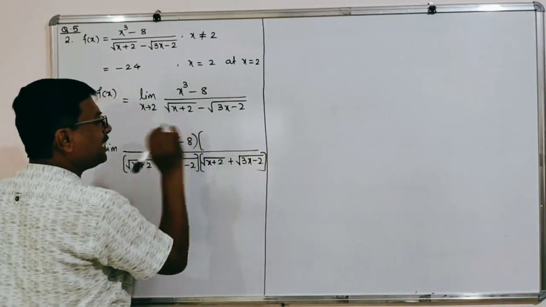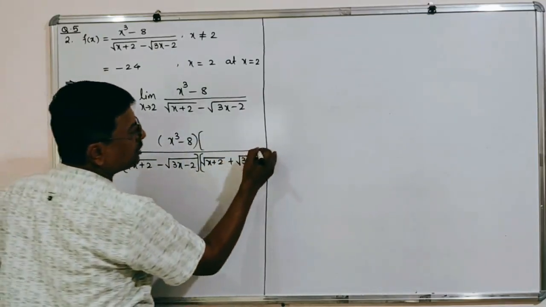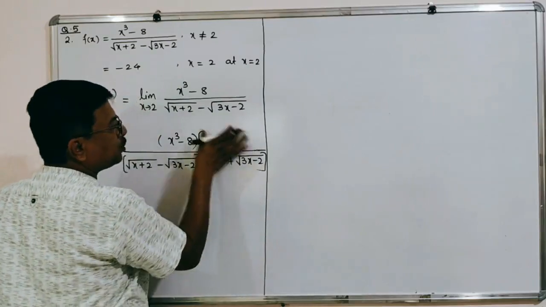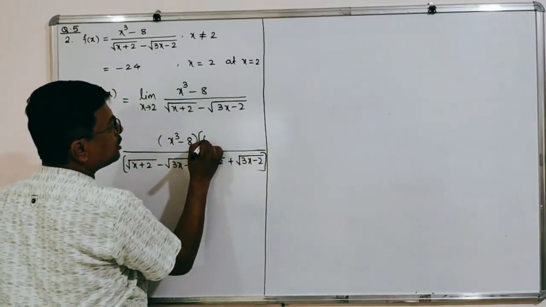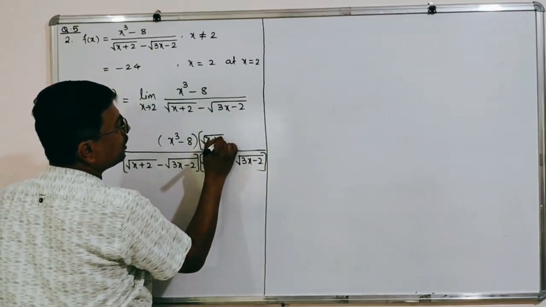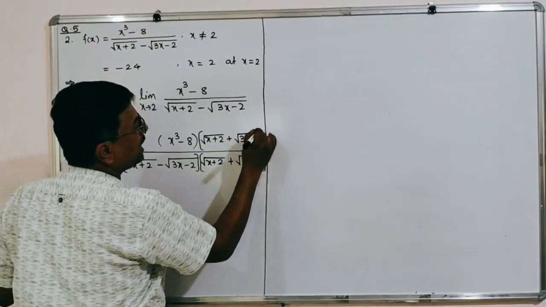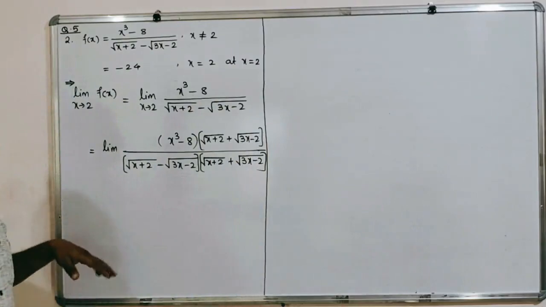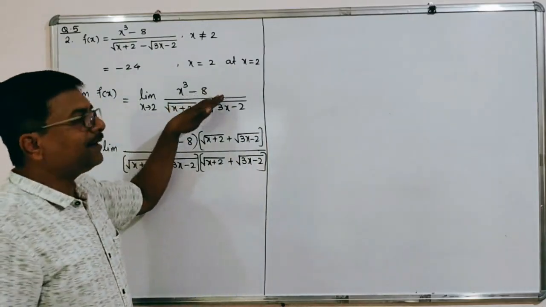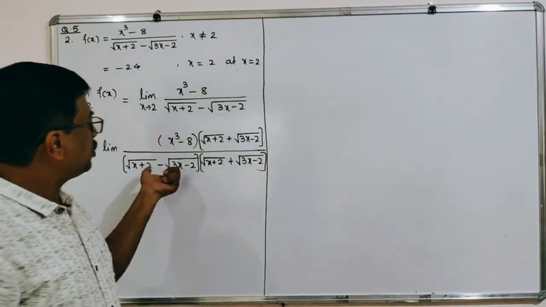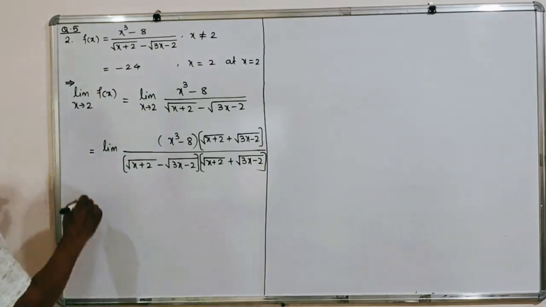Means here again we have to multiply this bracket to the numerator also. This is root of x plus 2 plus root of 3x minus 2. Means while rationalizing the denominator, we have multiplied numerator as well as denominator by the conjugate of the denominator.